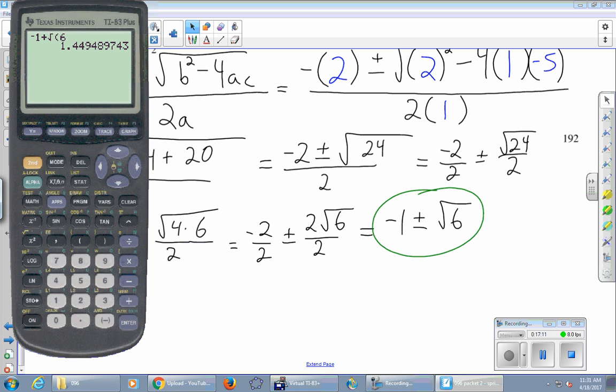And I think we had guessed, what did we guess? 1.4, 1.5 maybe. This is more accurate than our guess. And if we want to do the same thing but the other guy, we just do negative 1 minus square root 6. And this should give us that negative 3.4-ish. This is much more accurate than what we got before.